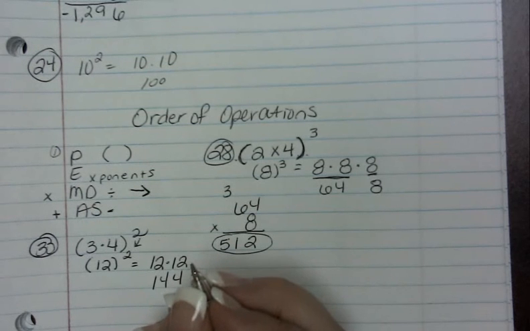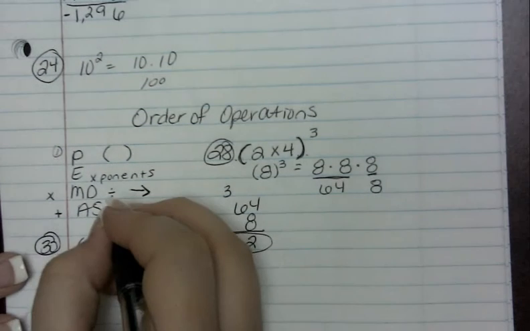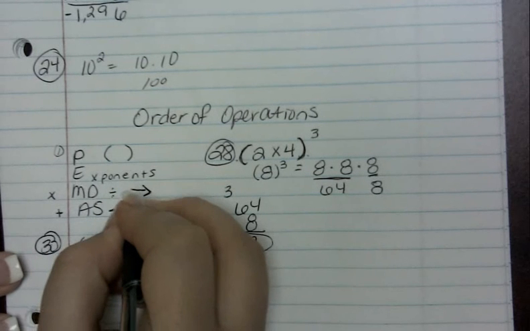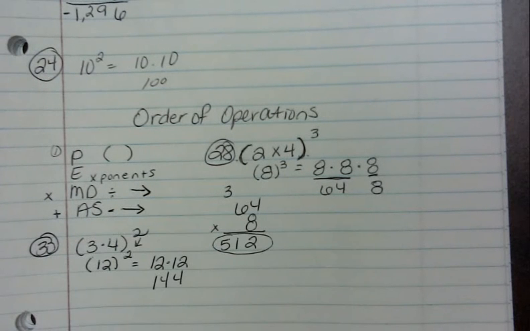And then when you get down to addition and subtraction, you do the same thing. So it just depends on which one comes first when you're reading it as if it's a book. That's how you know which one to evaluate first. So we'll see a couple examples like that here in a little bit.